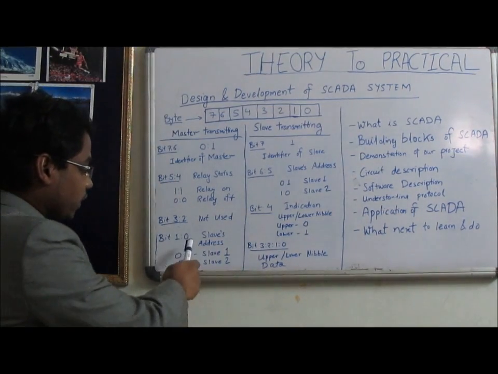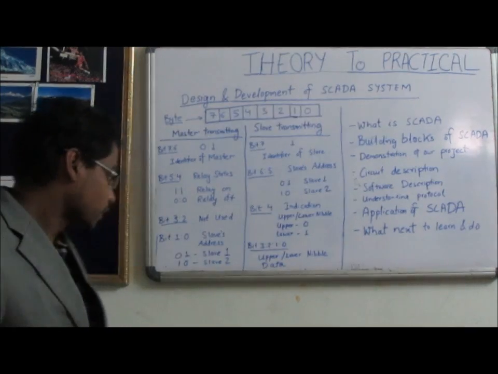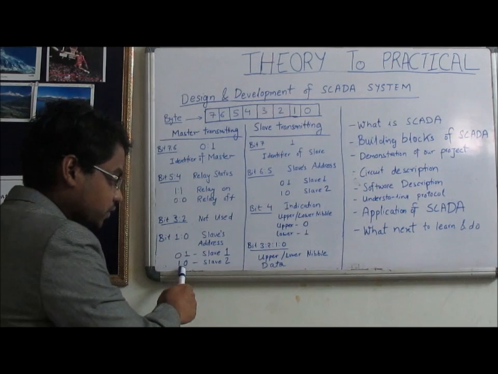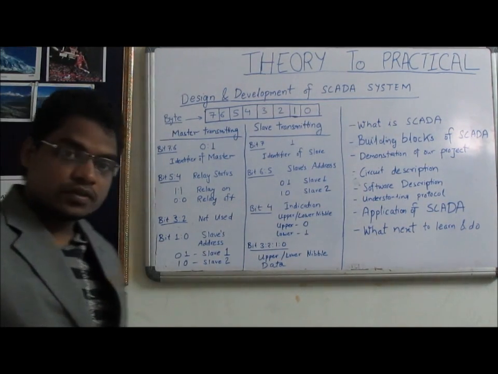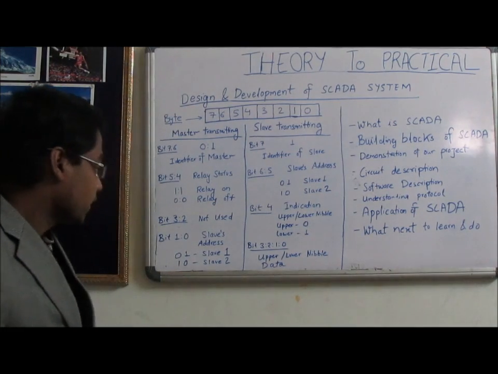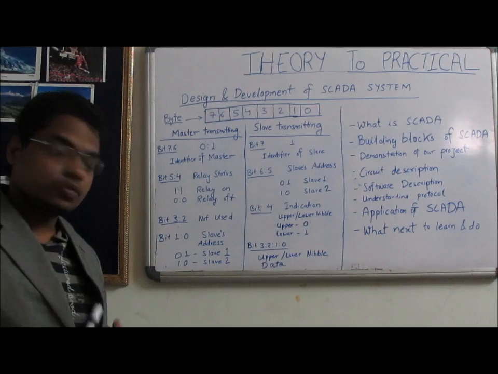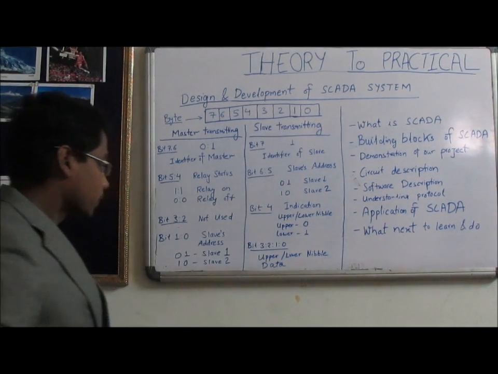Bit 0 and bit 1 represent the slave's address. If it is 01, then it corresponds to slave 1, and if it is 10, then it corresponds to slave 2. If master wants to address slave 1, then it will write here 01, and if it wants to address slave 2, then it will write here 10.